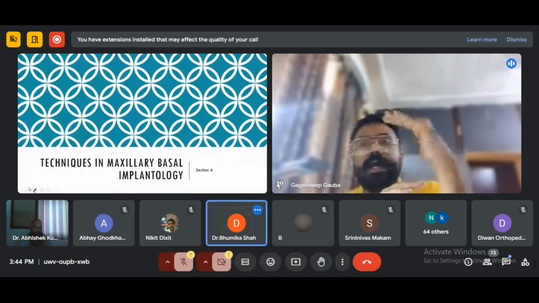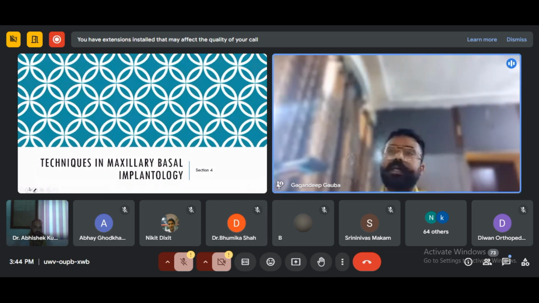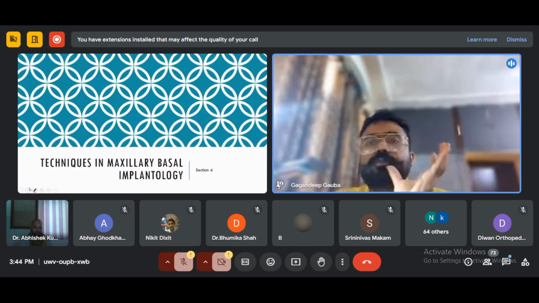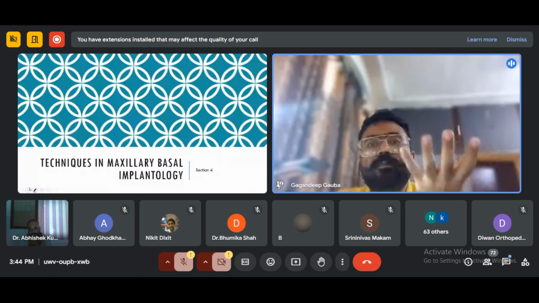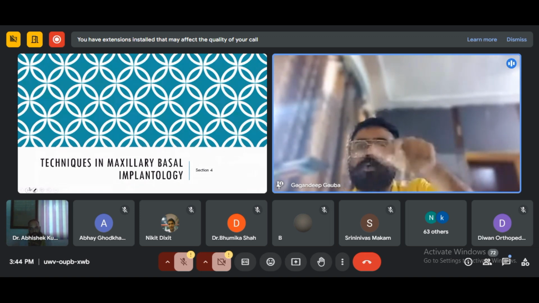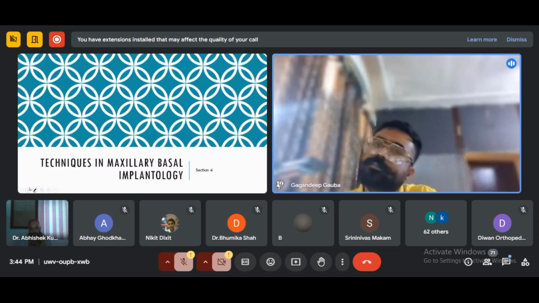If less bone height is present, in that case we have to place a larger diameter, 5.5 diameter Varios X implant, and that will anchor the bone, and we have to give an anti-rotational prosthesis. The prosthesis should not be rotatable. We have to make the prosthesis such that the crown does not rotate. The crown remains a torsionally fixed crown. In that case, we give a larger diameter implant, anchor into the maxillary sinus floor, and give a single prosthesis over that.